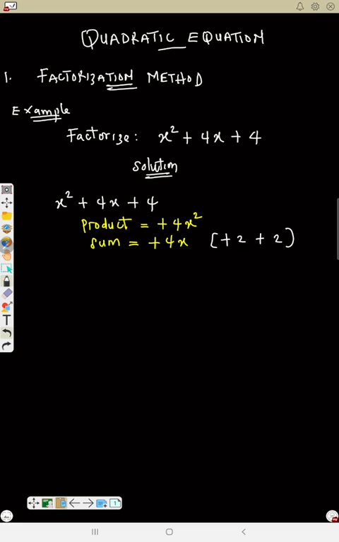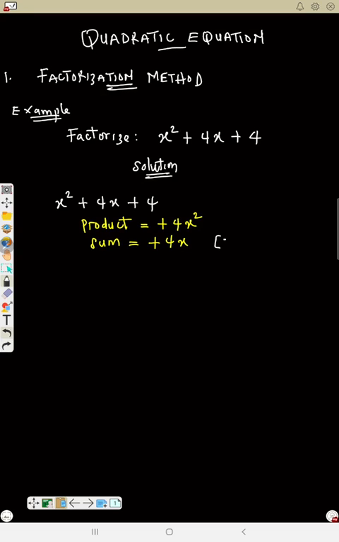Now this number here, I will replace it with the middle number. That means instead of writing 4s, I will now write this number twice, but I will put s at the back. So that means my next step now, I've known the two numbers, they are plus 2 and plus 2.